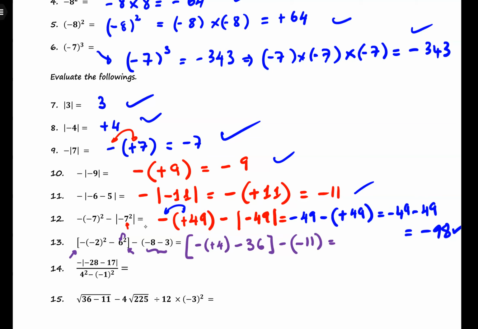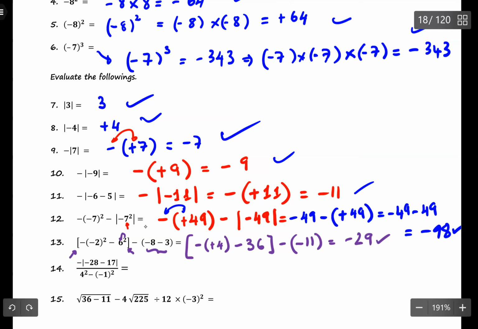In this case, you should have the answer as -29. Okay. What I would like everyone to remember is that our calculator doesn't have this bracket. Okay. However, if you use negative bracket 4, close the bracket, subtract 36, subtract bracket -11, close the bracket, then the answer should be -29.